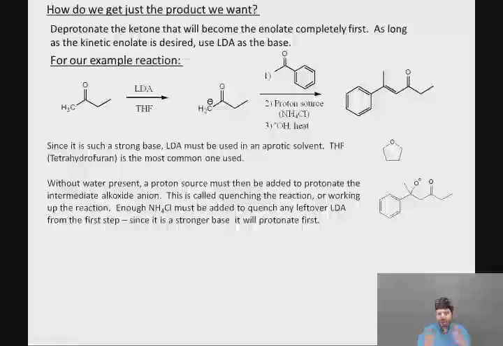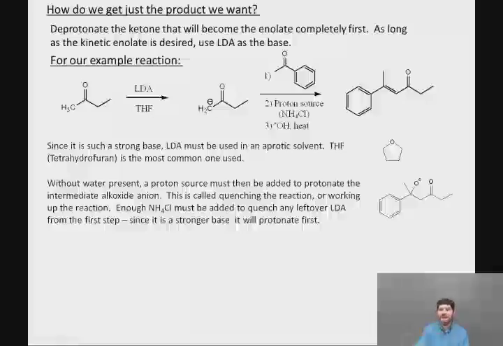In the first aldol condensation mechanism that we looked at, the OH hydrogen of the beta hydroxy ketone gets put on by the alkoxide reacting with water that is present in the reaction medium. Without water present in the reaction medium, we have to add a proton source to protonate the intermediate alkoxide anion.